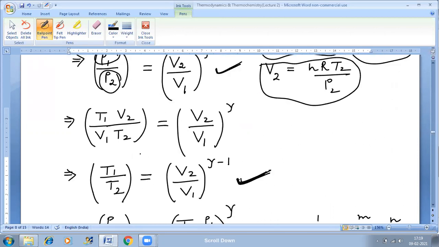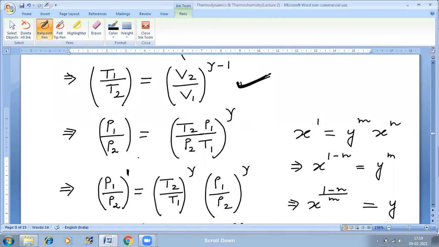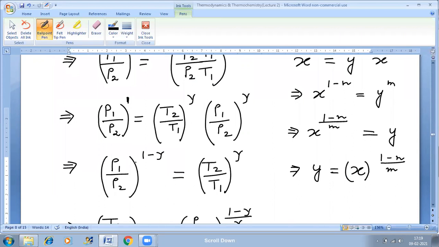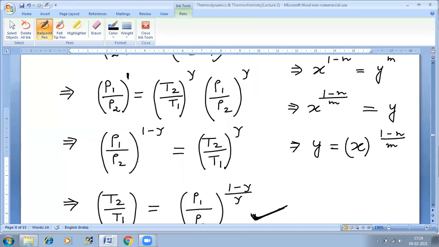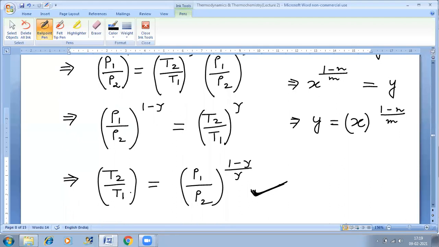On substituting these values, I'll obtain finally this. So I have eliminated V1 and V2. So now the relation is in terms of T1, T2, P1 and P2.